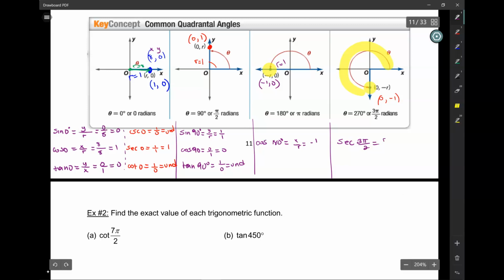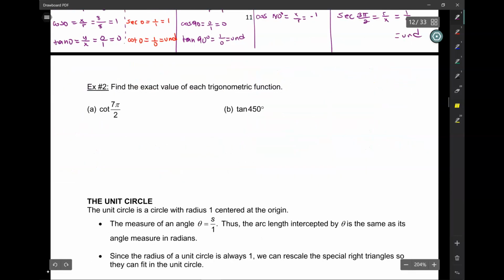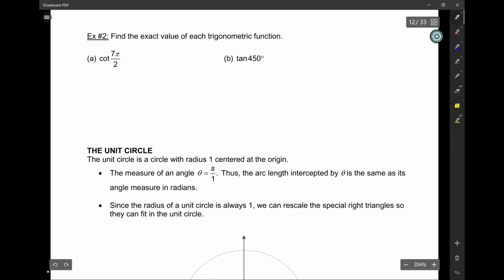So it's r over x, 1 over 0, undefined. No, sorry. It's r over 0, 1 over 0. It's the secant. Okay.